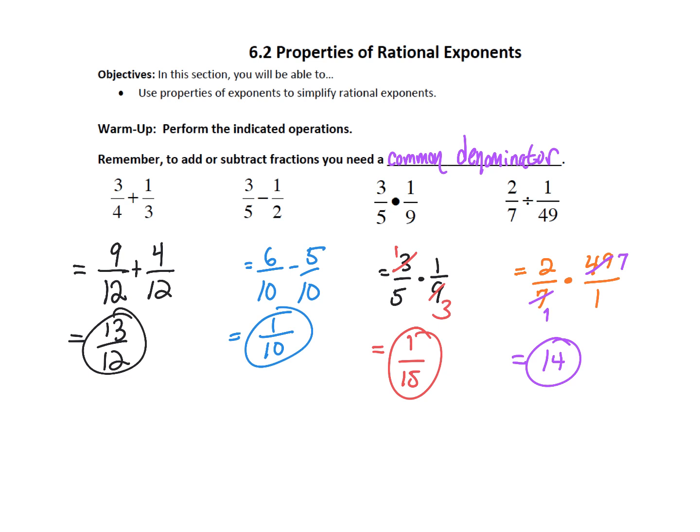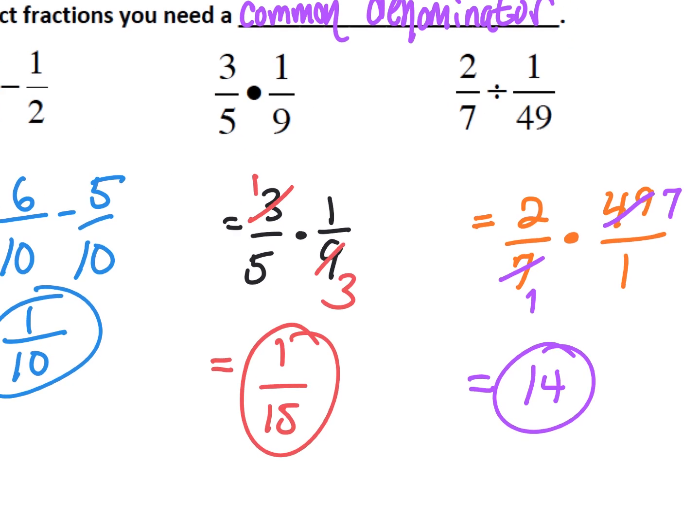Remember, some of you are always worried about time, the time it takes you to finish a test. So it could come down to questions like 3/5 times 1/9 or 2/7 divided by 1/49. I encourage you to minimize the number of steps you take. So for instance, 3/5 times 1/9, I would cross cancel the 3 and the 9.